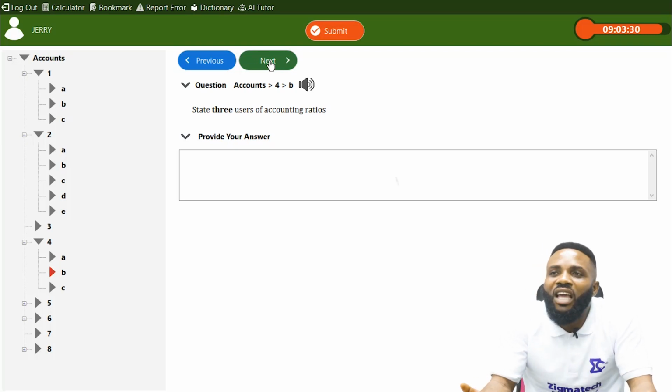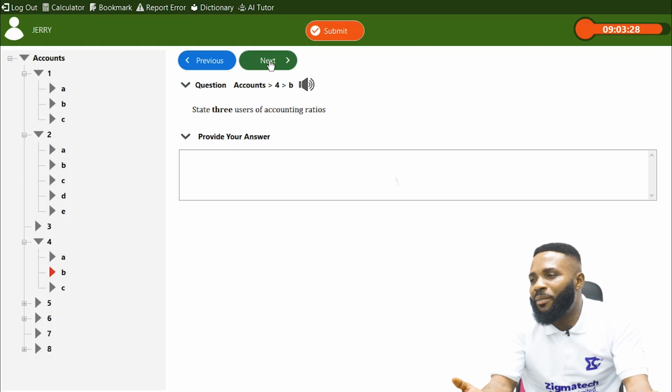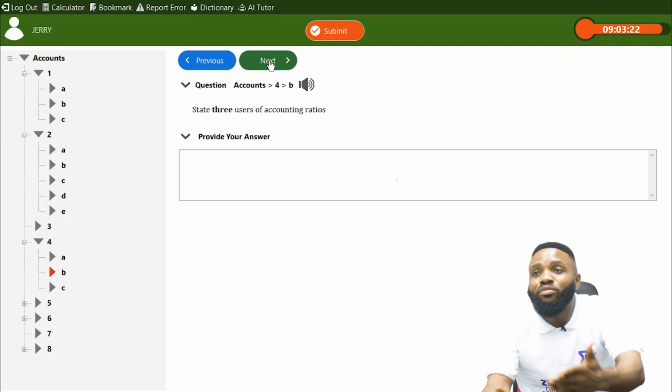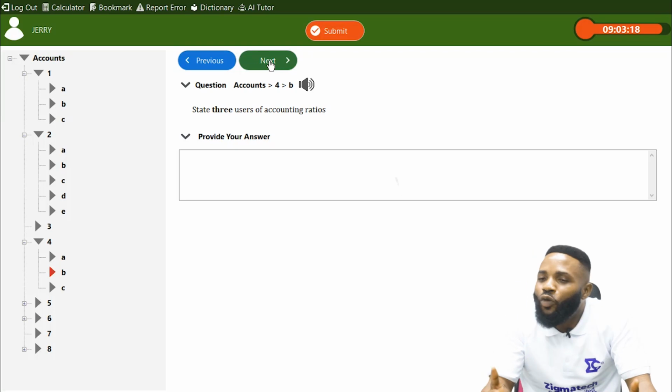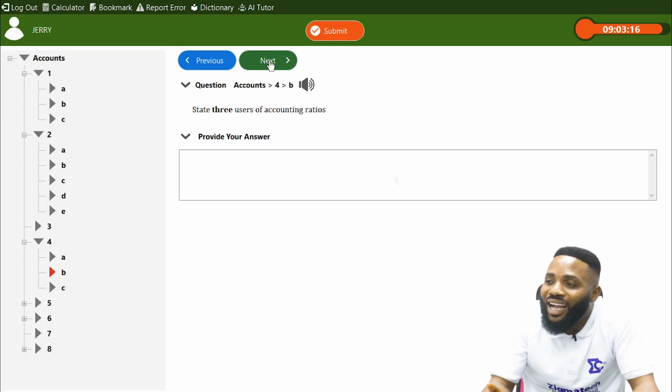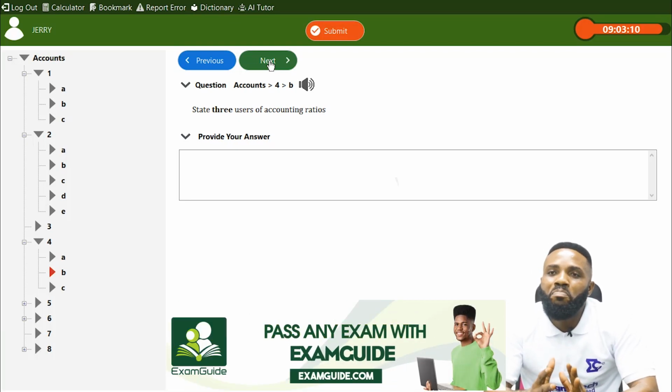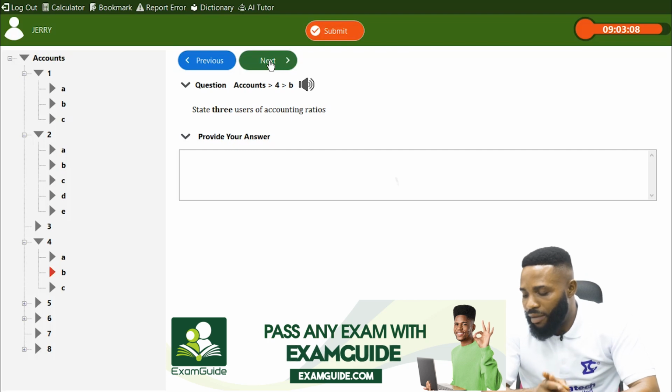And then you can take legal action against the debtor if the debtor refuses to pay as and when due. So that is why you see that debtors, cash at bank, the money you have at the bank, you just go to the bank to cash out. Or the one you have at home, what we call cash at hand. So that is why, in general, current asset is actually used to measure up with your current liabilities.